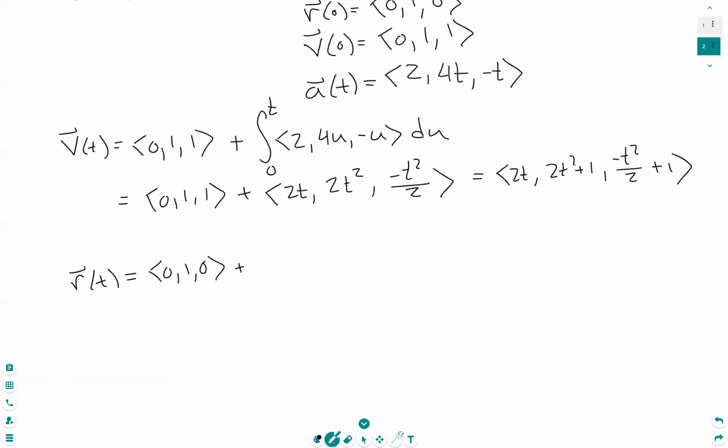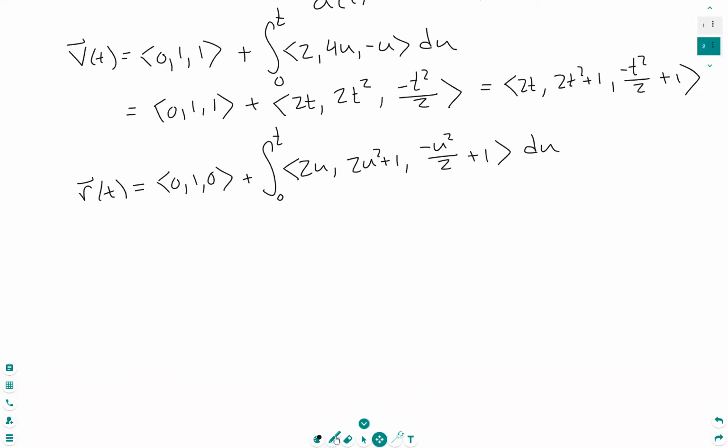And now we're integrating from 0 to t of our velocity vector with u's. We have 2u squared plus 1, negative u squared over 2 plus 1 du. Okay, so we can integrate that and plug in our bounds.